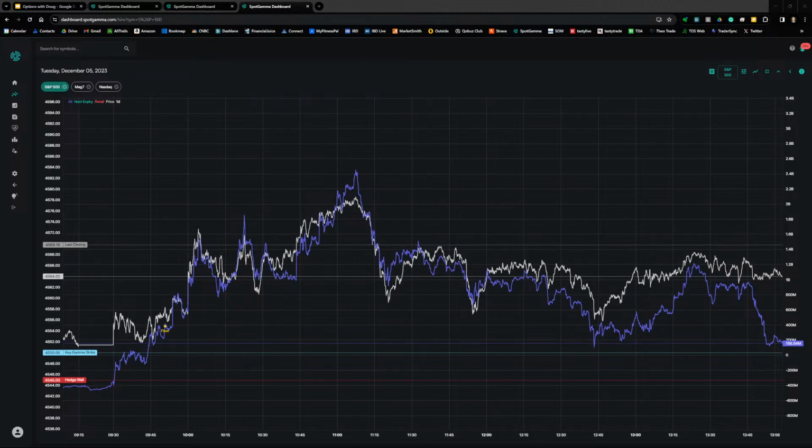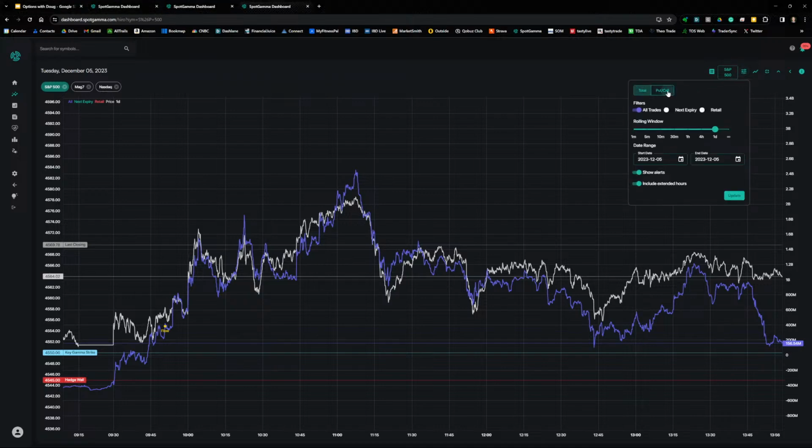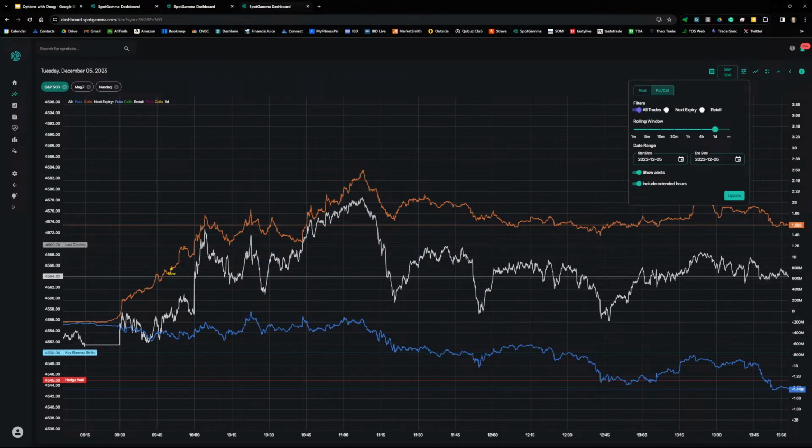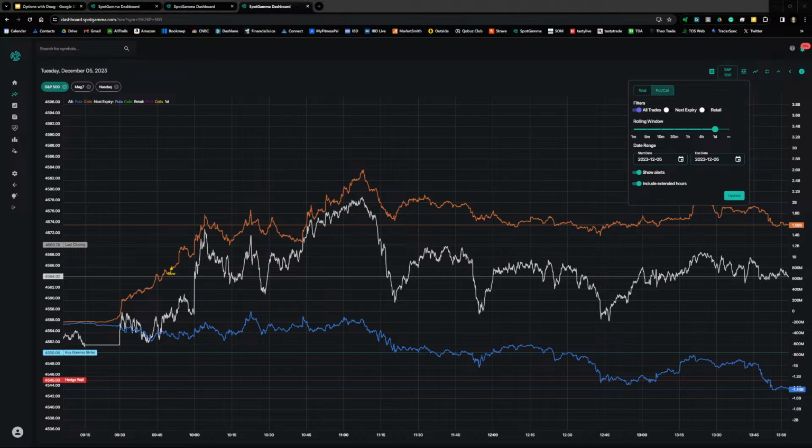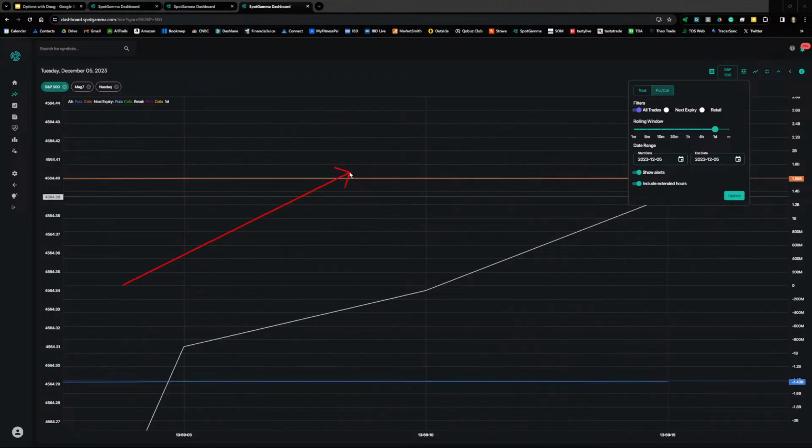All right, let's separate out puts and calls now and see what options traders were doing. And in the morning, traders were buying calls. Shown by the rising orange line. When traders buy calls, sorry about that.